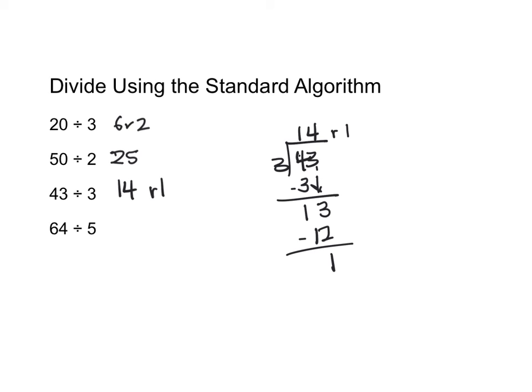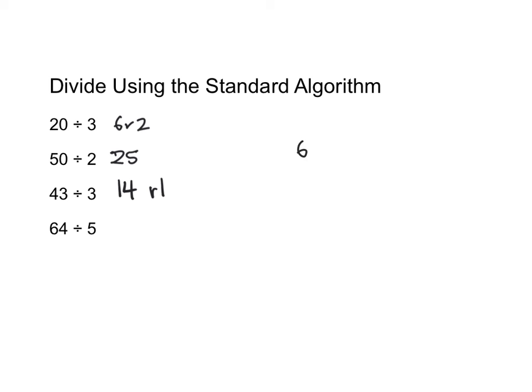Our remainder was 1. And the last one there, 64 divided by 5. So once again, 64 is our dividend. 5 is our divisor. Looking at it right away, I know there's going to be a remainder because my problem does not end in 0 or 5. And we know by counting by 5s that in order for 5 to go evenly into something, it needs to end in a 0 or a 5.